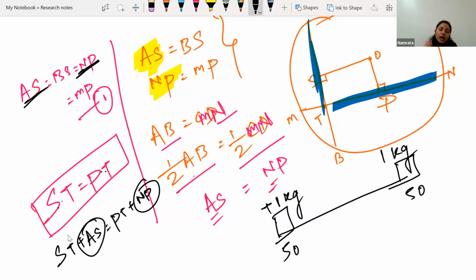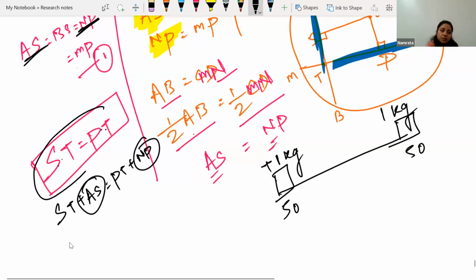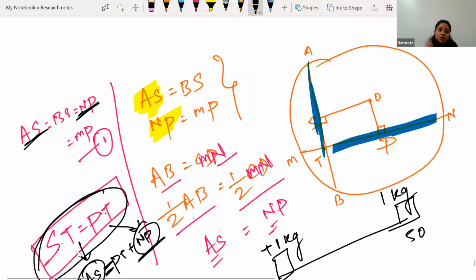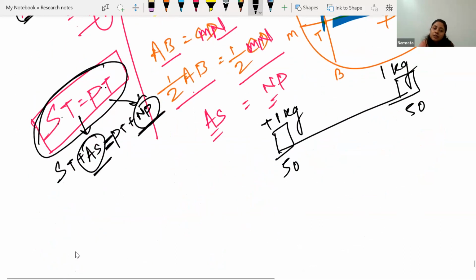So I am saying that if ST and PT are the same, then if you add AS over here and NP over there, the whole will still be the same. Why? Because AS and NP are the same. You can see in equation number 1, AS and NP are equal. So you are adding an equal quantity on both sides, and eventually it will remain equal. That's why I am giving this equality sign over here.